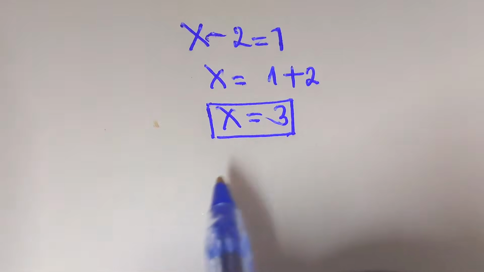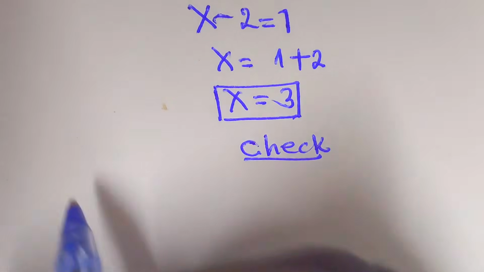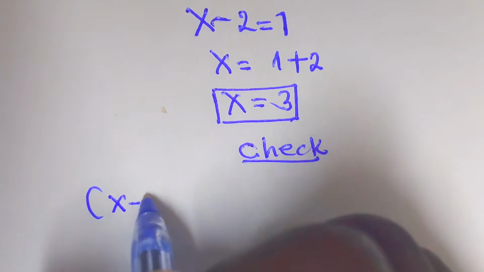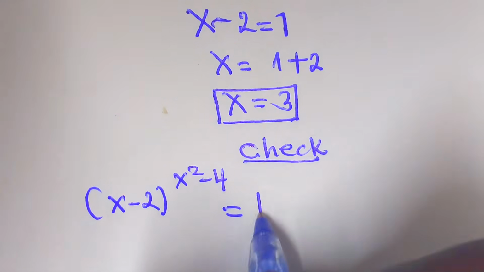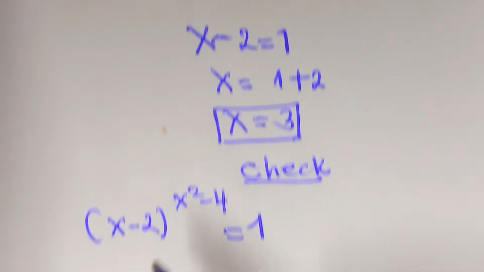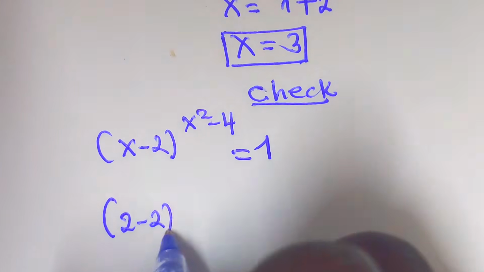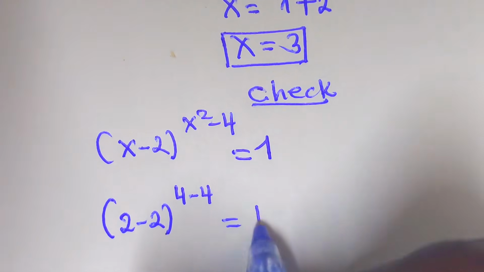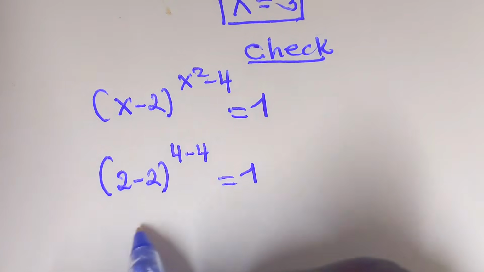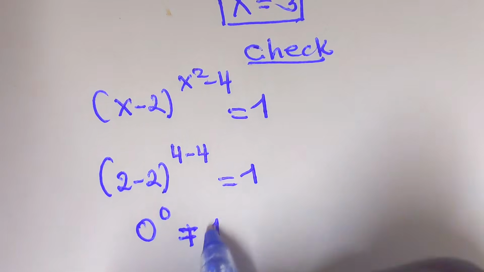Now let us check if the answers we have got are correct. We have x minus 2, power x squared minus 4, equals 1. Starting with 2: 2 minus 2, and 2 squared is 4, minus 4, gives 0 power 0, which is not equal to 1.